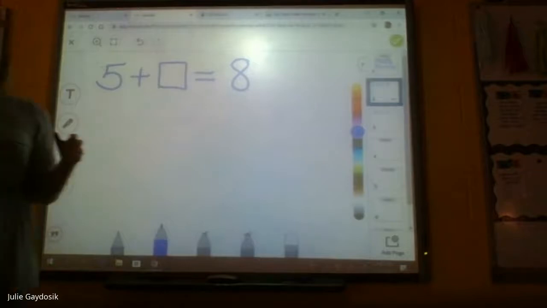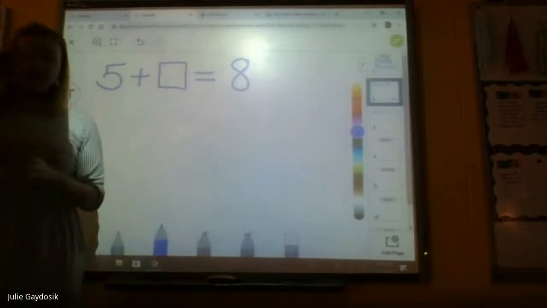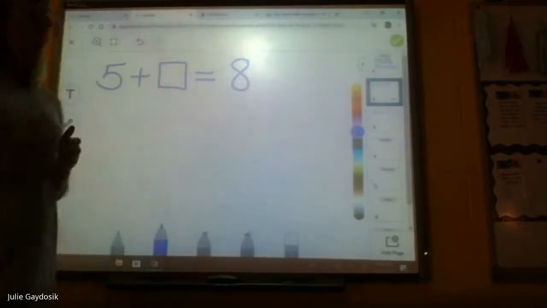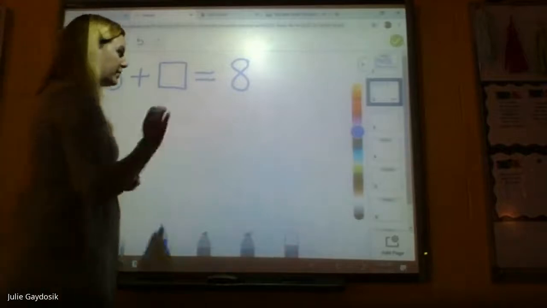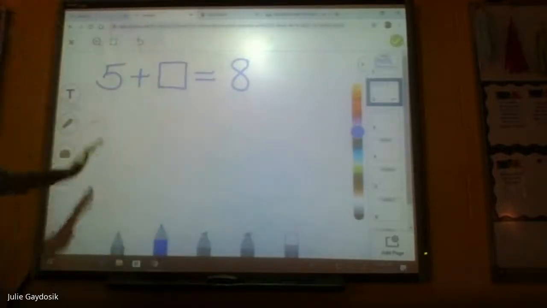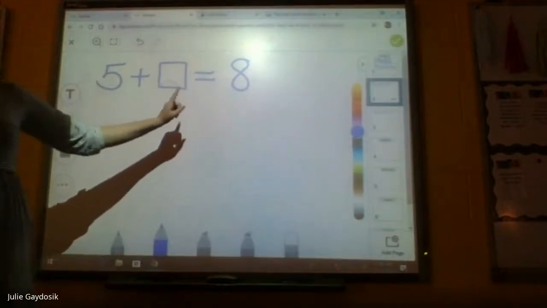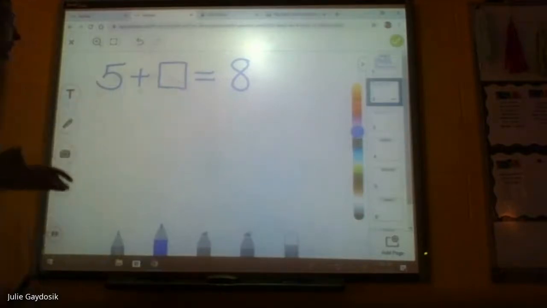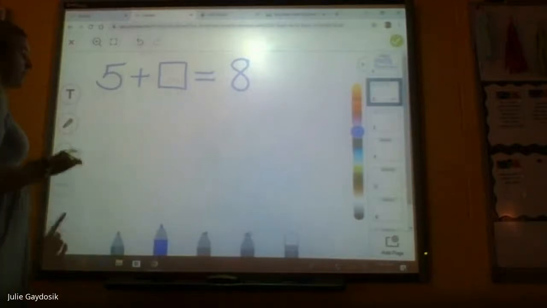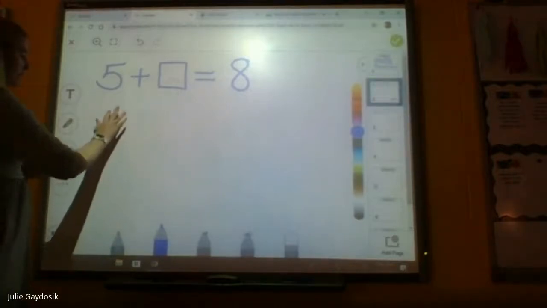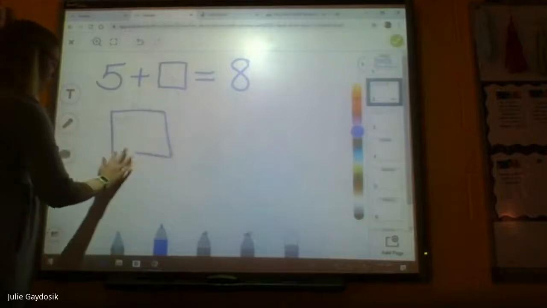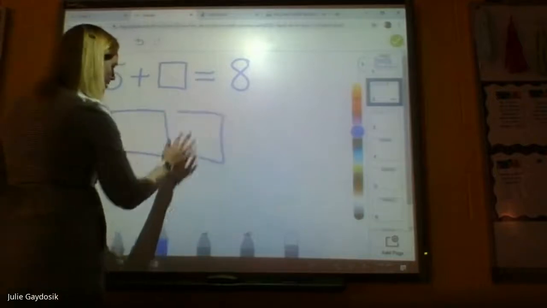Now I know Mrs. Zalaki taught you a couple different strategies to solve this one. I'm going to go ahead and use pictures to solve this equation. Okay, so I'm looking for this missing number, this missing add-end. Just like you had done in Big Ideas, remember, there was your little chart.